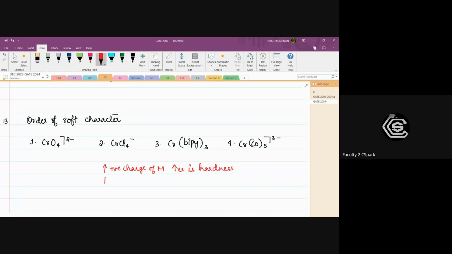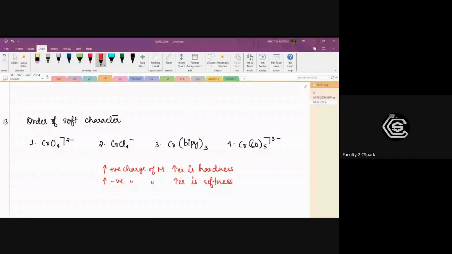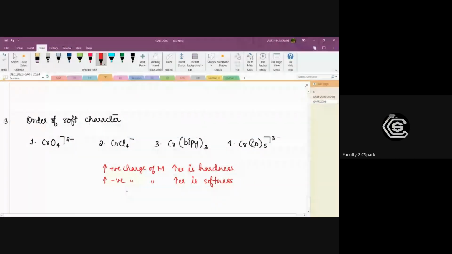If there is a higher negative charge on the metal, it is going to be a softer character. Higher is the softness. So you find the oxidation state of all these complexes, and then you find which is most soft.